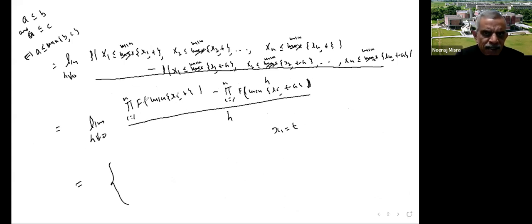Each xi less than or equal to t, then in that case, this turns out to be limit h going to 0, product i equal to 1 to n of f of xi, minus product of f of the minimum of all that. I should only find it for xi less than or equal to t.